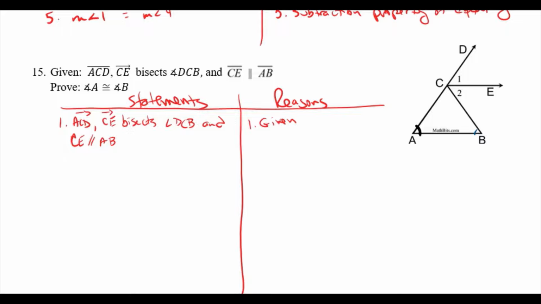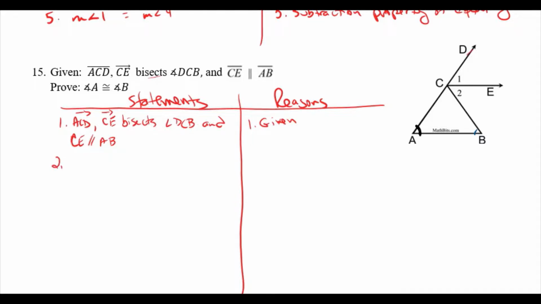Okay, so key vocab words from the given. We see bisects. Bisects means cut in half. So if I cut an angle in half, I should get angles. Just like if I cut an apple in half, I don't get oranges, I get more apples back. So if you cut an angle in half, you should get 2 angles that are equal.